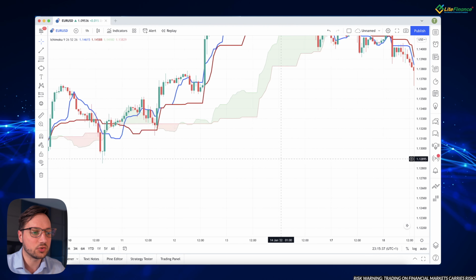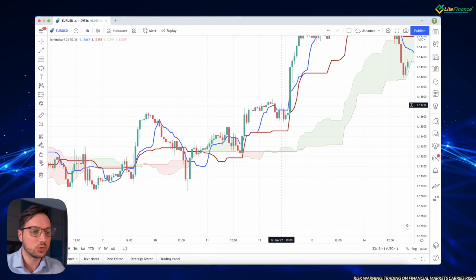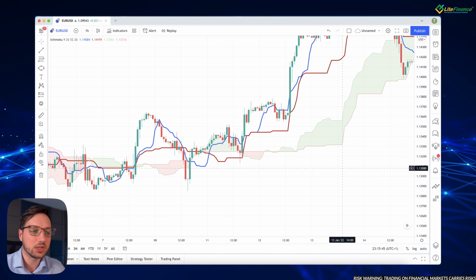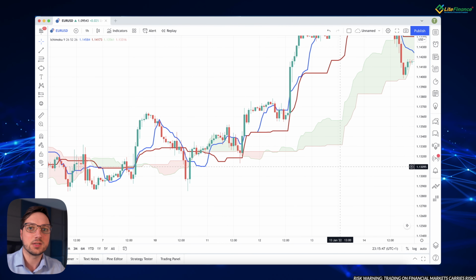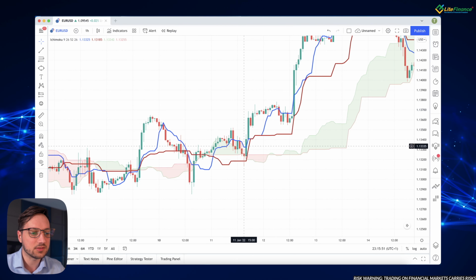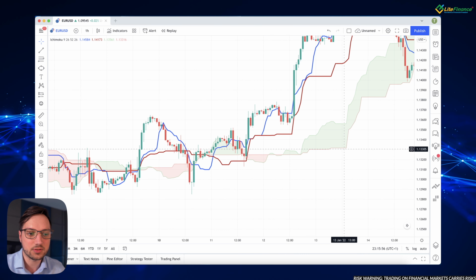Firstly, what we need to check is the Kumo Cloud and the price, which means the price needs to be either above or below the Kumo Cloud in order for us to determine the trend direction. Which means, for example, in this situation, when the price is above the Kumo Cloud, we currently have an uptrend.